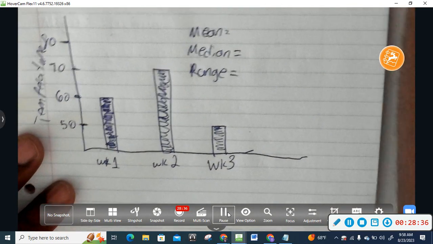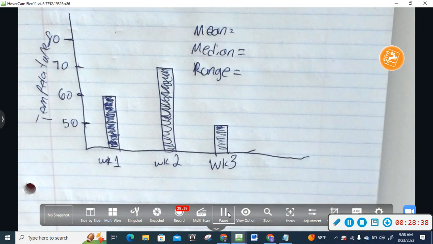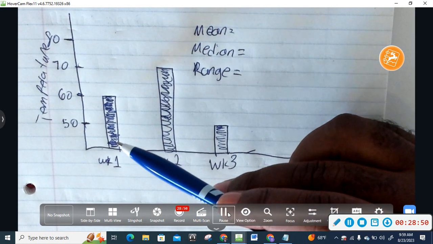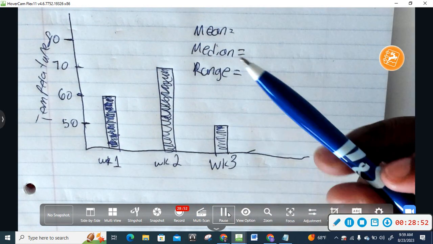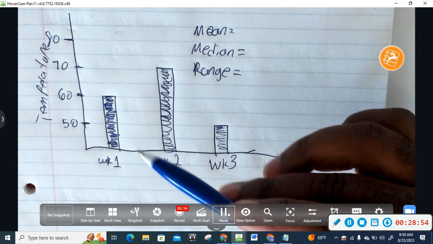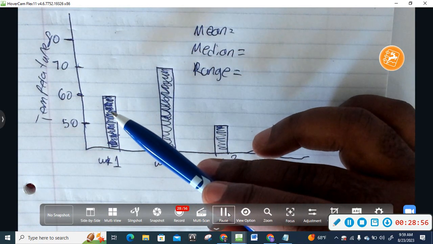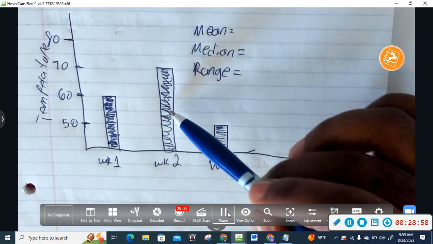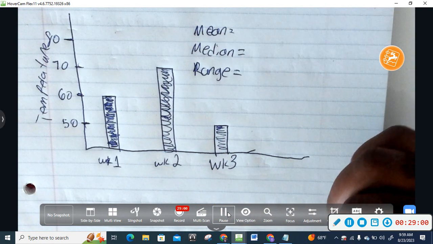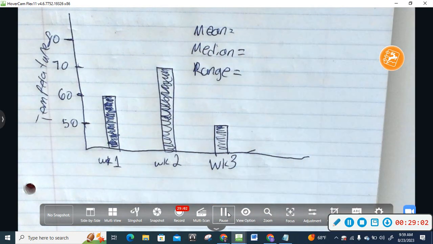Same rules apply. What's my definition of mean? So how many total pieces of data do I have here? How many bars do I have? Oh, 3. So I know I'm dividing by 3.